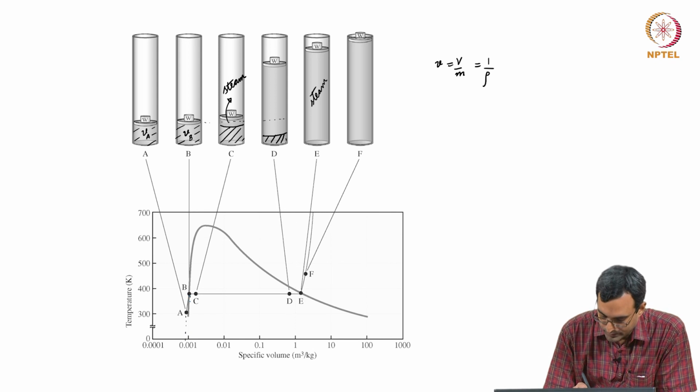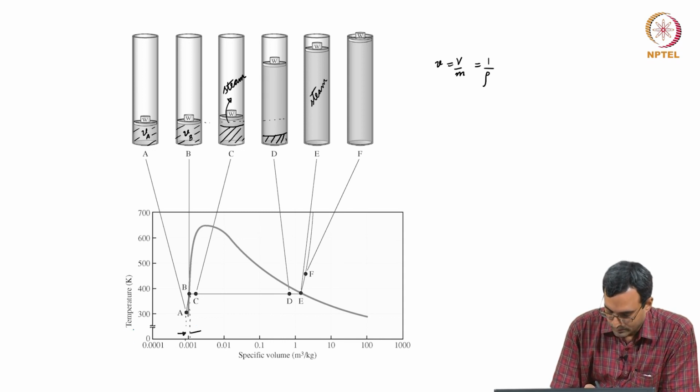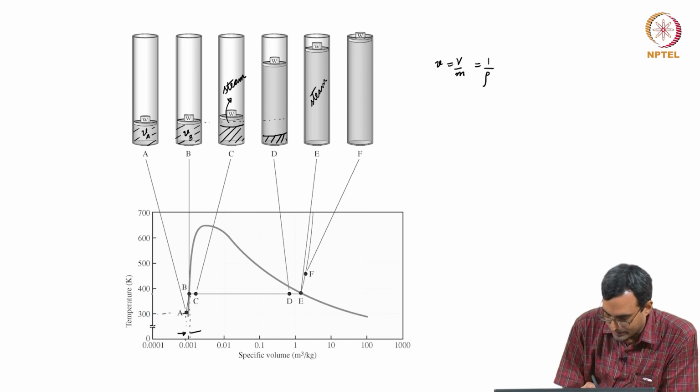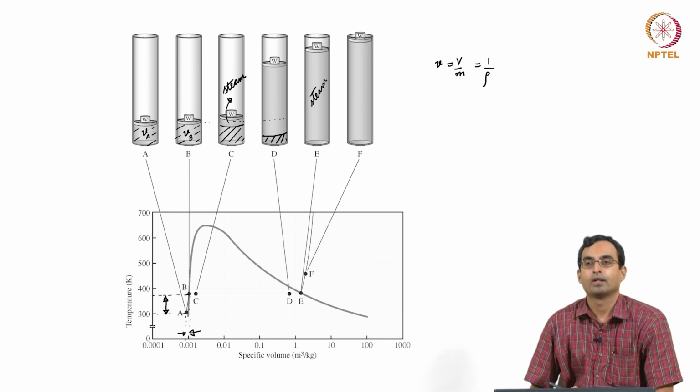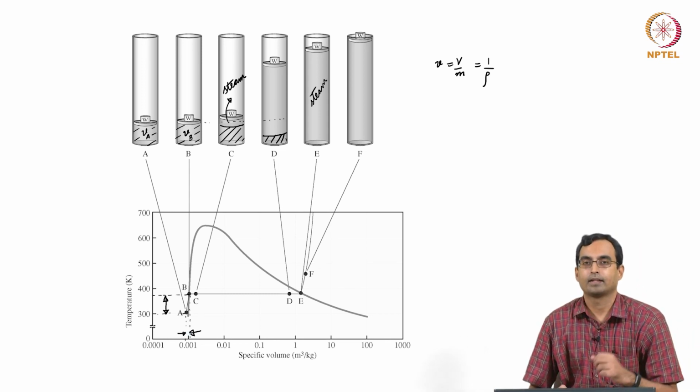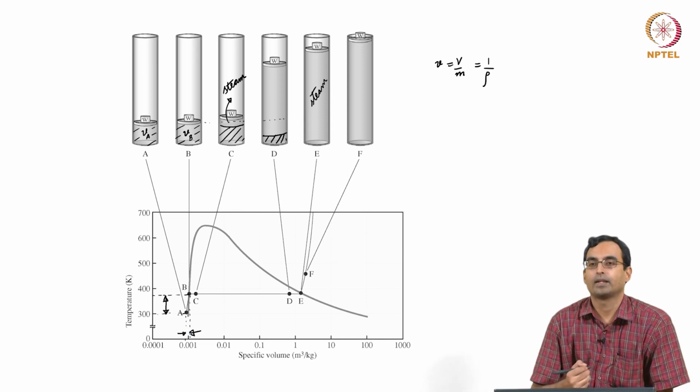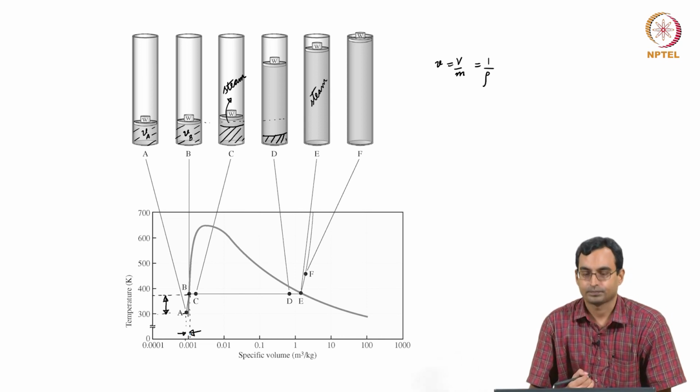So, the increase in temperature is this much from A to B, the increase in volume is only so much. So, it is a small increase in volume and a large increase in temperature. So, between A and B, we see that this curve is very steep, it has a high slope.